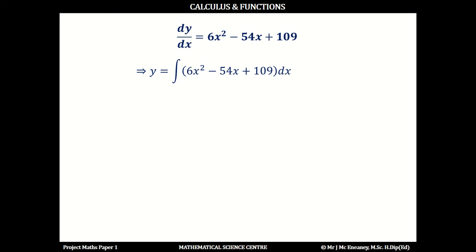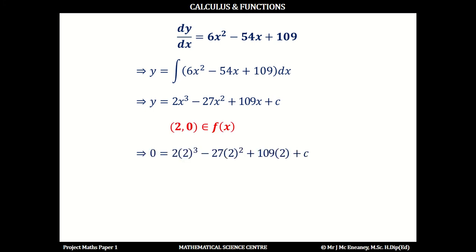Now again, because there are no limits, we will have to add in the constant of integration c. Now, we actually can find out the value of c because we are told that the point A, which has coordinates 2, 0, is on the graph. So this means we can put in 2 for x and 0 for y.